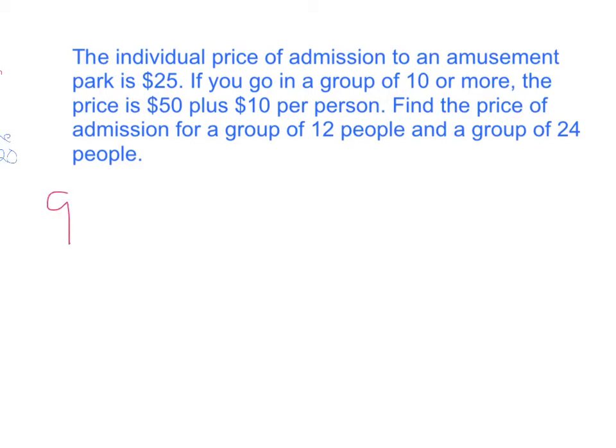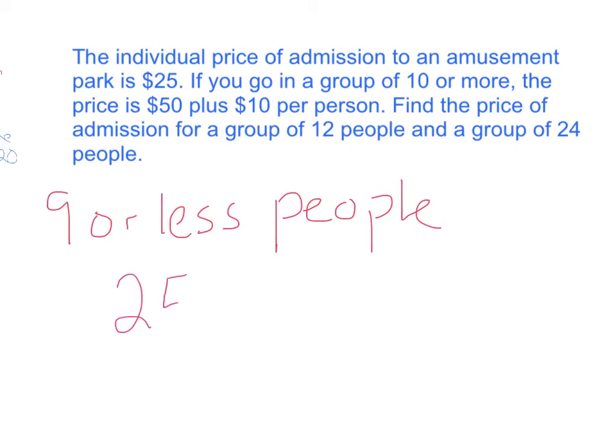So for 9 or less people, we have $25 for every person that comes. So each person that comes needs to pay $25. So we'd have 25 times p.